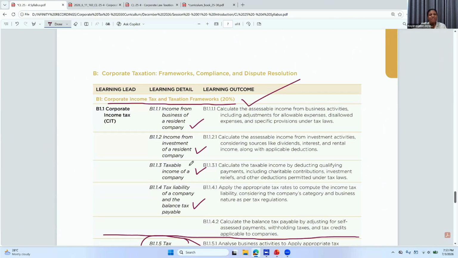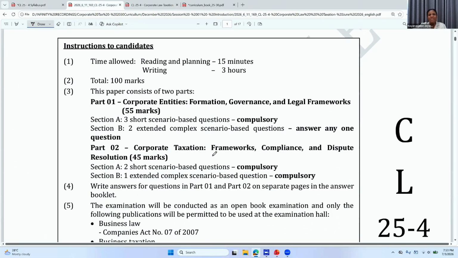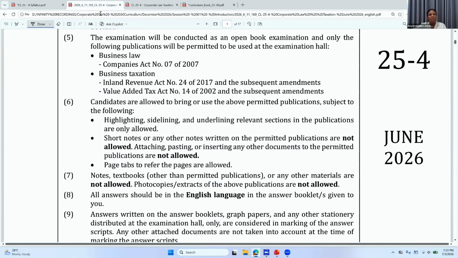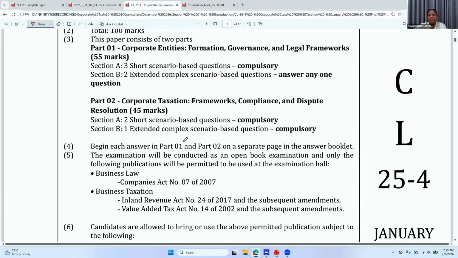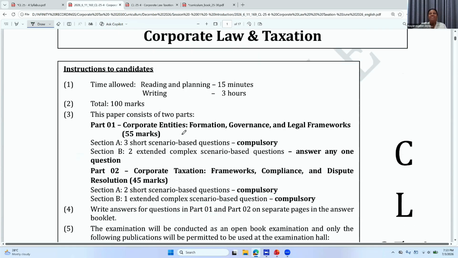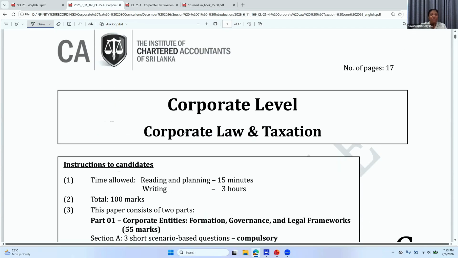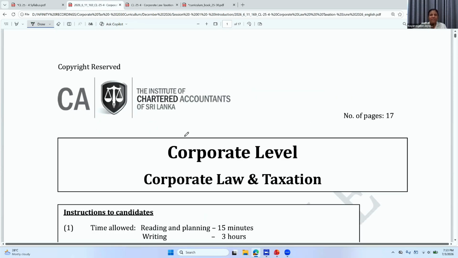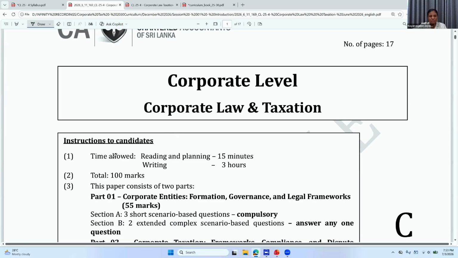Okay. This is your syllabus. Now, before again coming to the PowerPoint, I need to show, if this is your syllabus, how it is going to be tested. This is your latest paper, the pilot paper is also there. Since we have our latest paper, I'm taking the latest paper, and I need to take you through the instructions to candidates.